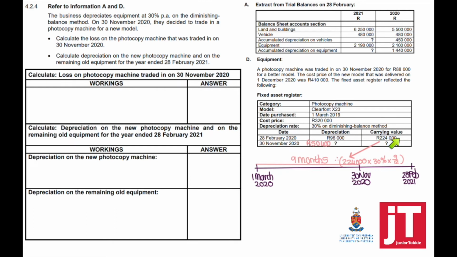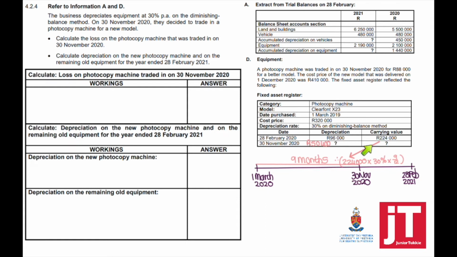We've already got the carrying value. They've provided that to you on 28 February 2020, which is the end of last year, which means the beginning on the 1st of March 2020, the beginning of the accounting period.